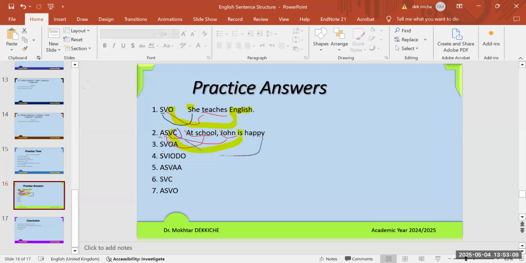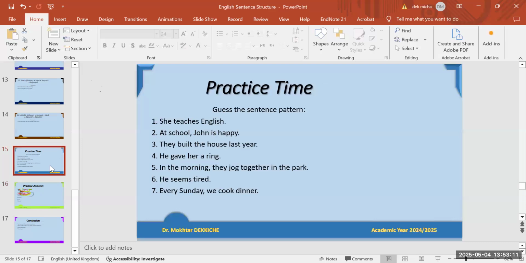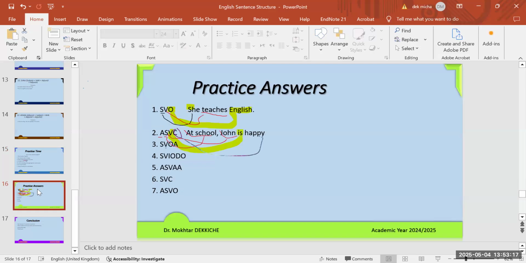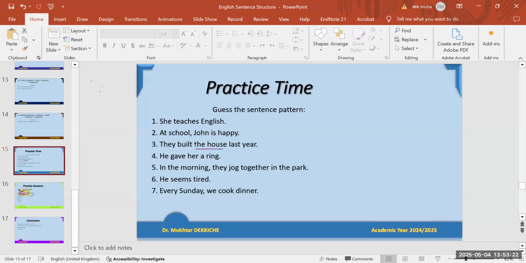Built is the verb. The direct object is what they built, the house. When they built it: last year is an adjunct.